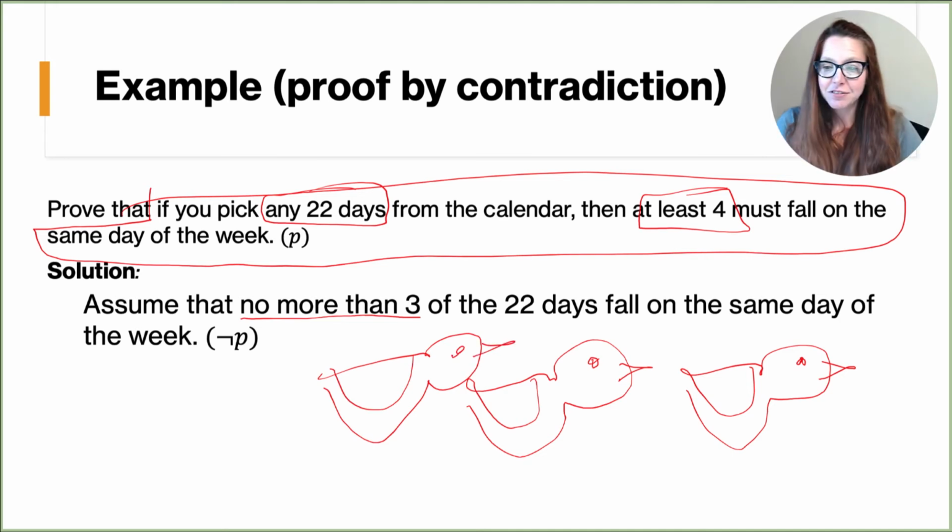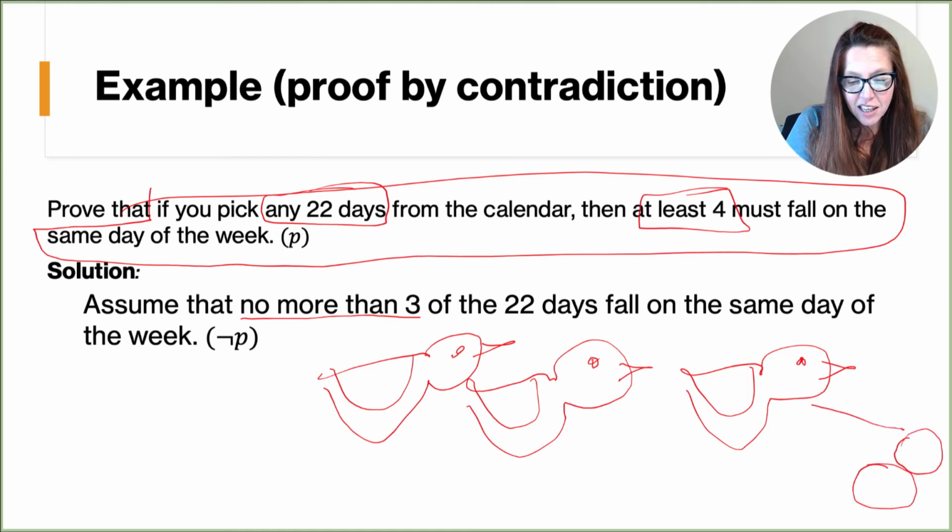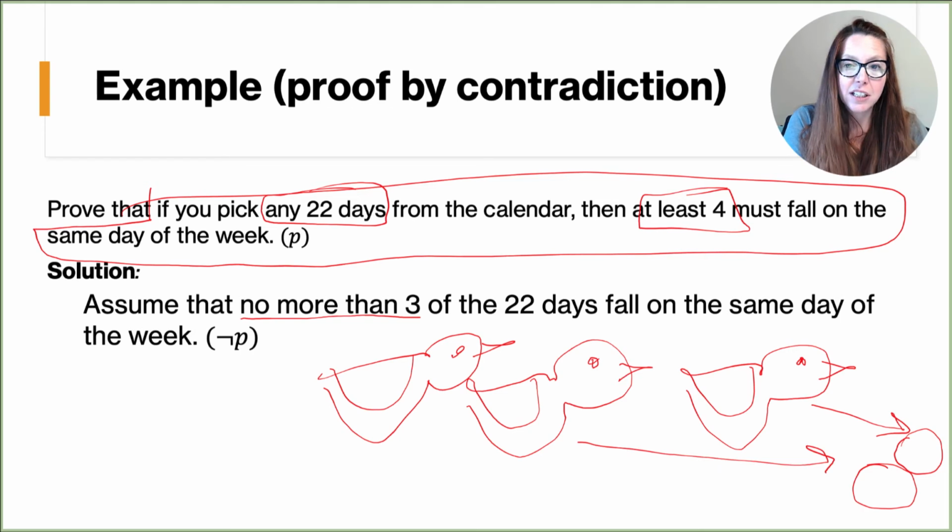If I have more pigeons than I have pigeonholes, so homes for them to go live in, then no matter how I handle this, at least one of the pigeonholes is going to have 2 or more pigeons in it.